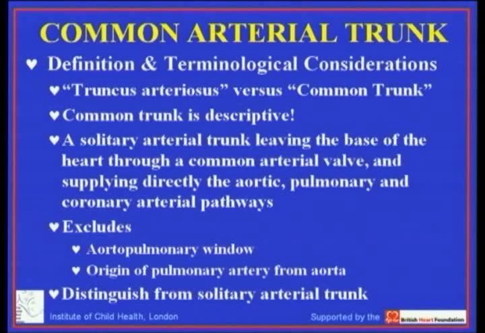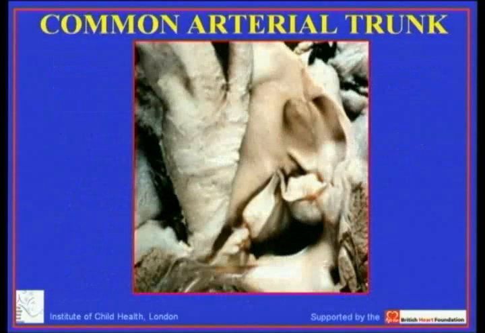And of course, we distinguish the common arterial trunk from a solitary arterial trunk, albeit recognizing the solitary arterial trunk may be trying to be a common arterial trunk. But nonetheless, the solitary trunk in clinical terms fits much better with tetralogy, with pulmonary atresia, than with the common trunk.